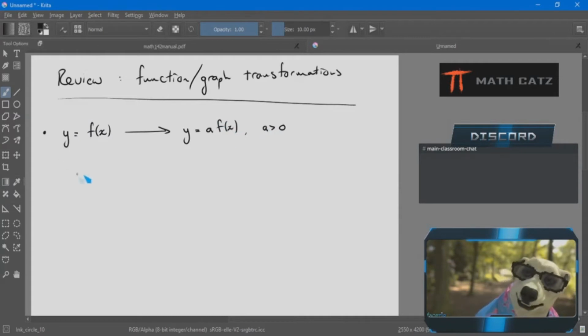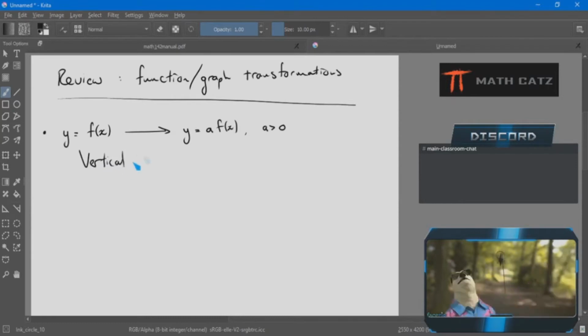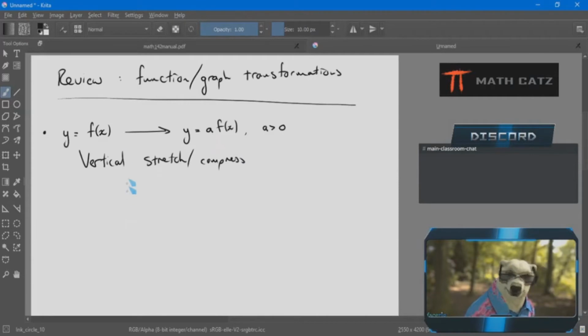Then the resulting graph undergoes vertical, I want to emphasize, vertical stretch or compression depending on the size of a. But if something is done to the whole right-hand side, then some vertical transformation is happening to the graph.